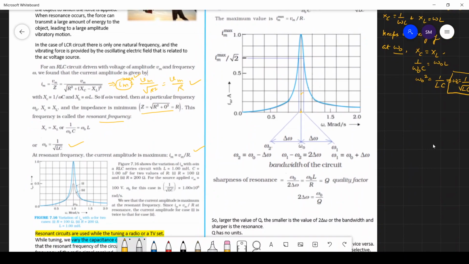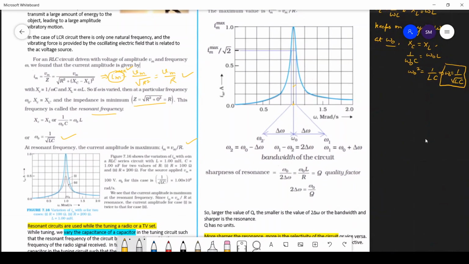So now, if you look at this diagram, it has two graphs. It is the variation of Im: on this axis I have Im, and here I have omega, the angular frequency. The first graph, the taller one, is when resistance is equal to 100 ohm, and this graph, which has a lower peak, has resistance equal to 200 ohm.